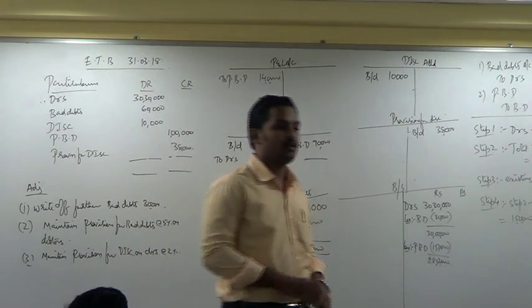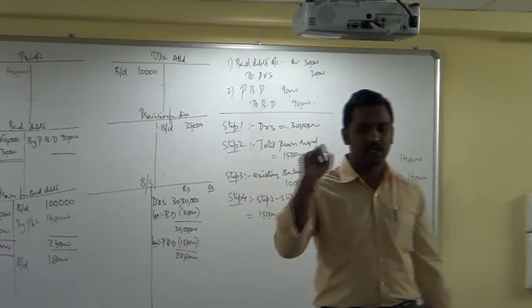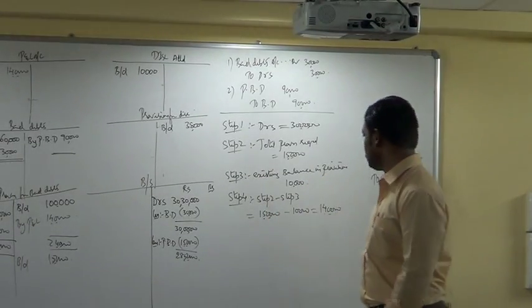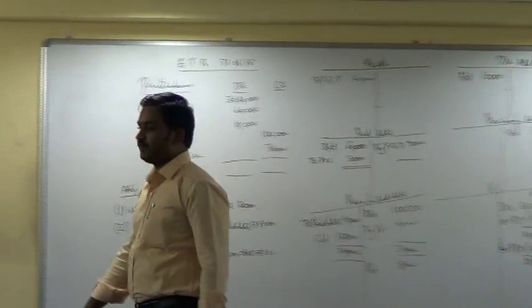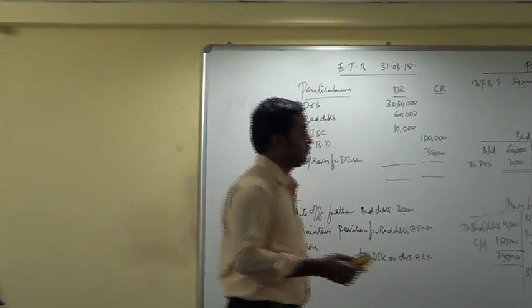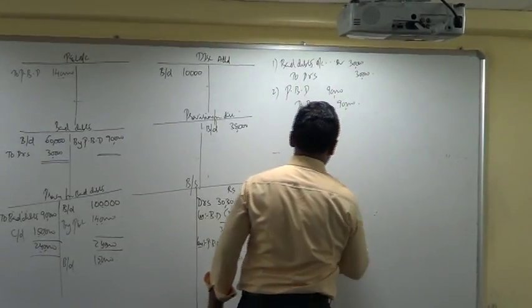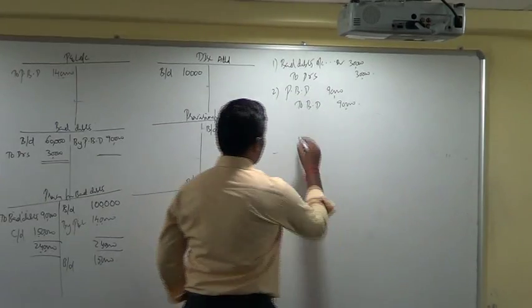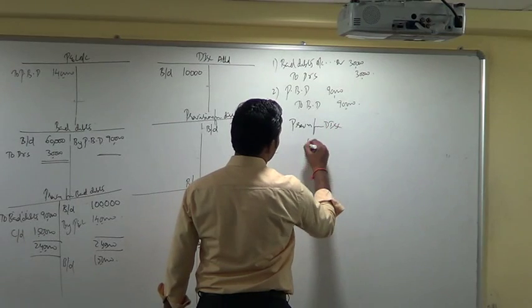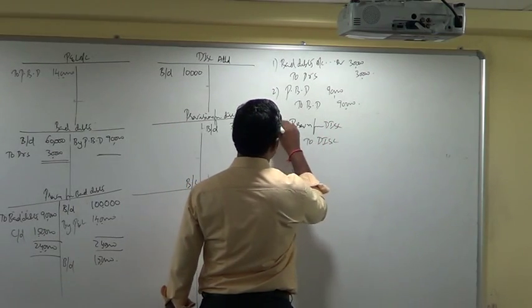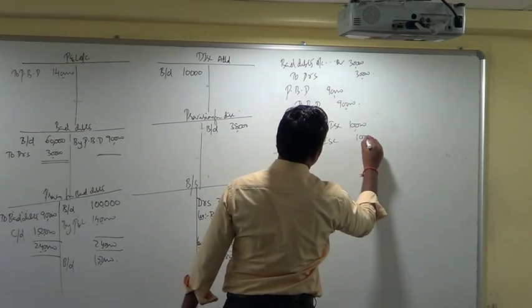What is the entry you will pass now? Provision for discount account debtor to discount account. You will transfer discount loss to provision for discount account. What is the entry we pass? Provision for discount account debtor to discount account. How much? 10,000 rupees.